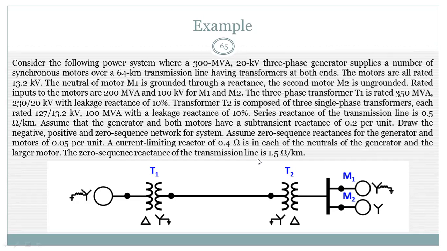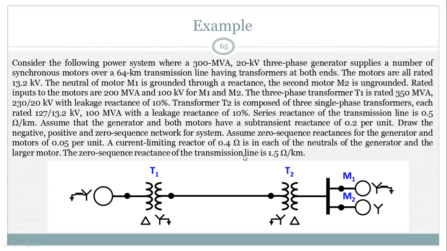Now the zero sequence reactance of the transmission line is 1.5 ohm per kilometer. So we have to convert these reactances to per unit first to draw the zero sequence reactance diagram.